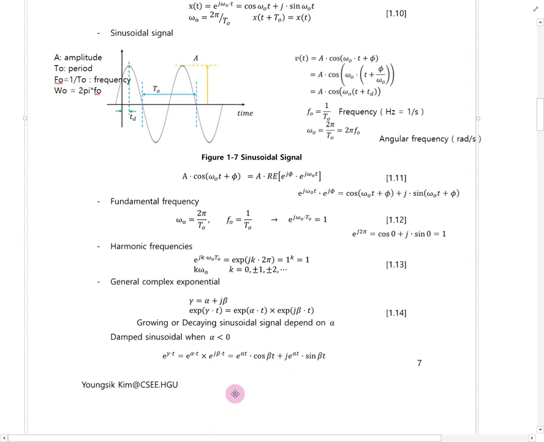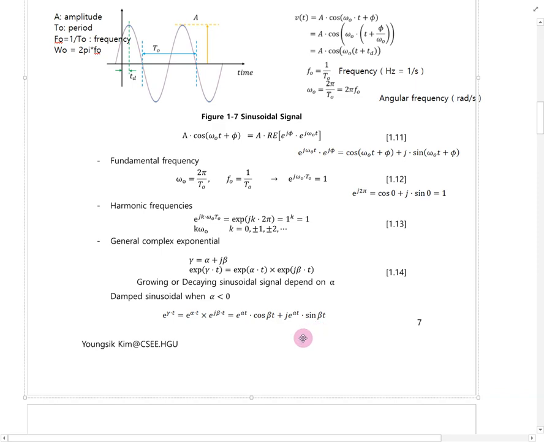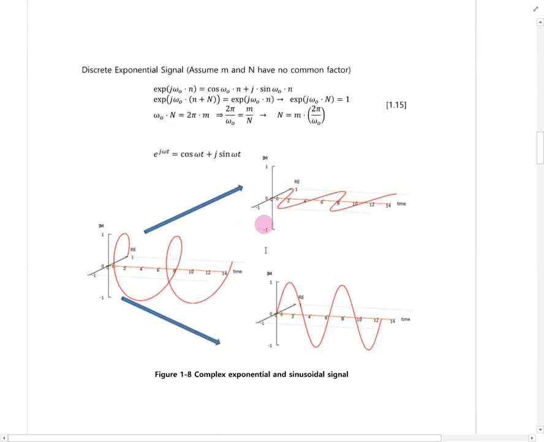So we investigated the complex exponential function. The complex exponential function is actually a sinusoidal function. Here it shows how we are going to view it. Exponential j omega t is cosine omega t plus j sine omega t. So this is the real axis, this one is the imaginary axis, and this is over time.